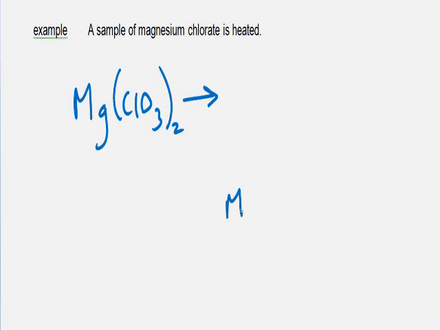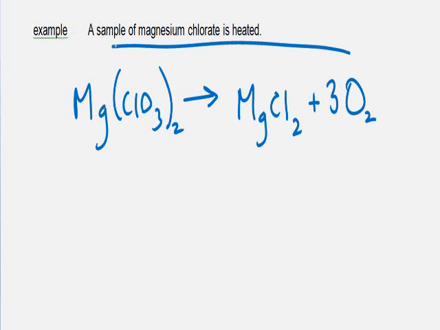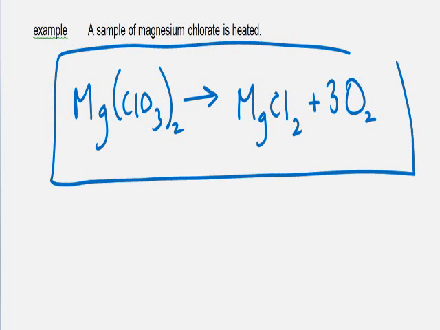In this case, magnesium is our metal, which is +2. Chloride is -1. So our metallic chloride is MgCl2, and we're going to make oxygen gas. Putting a 3 in front of our O2 balances the equation, and here we have an example of a metallic chlorate decomposing into a metallic chloride and elemental oxygen.